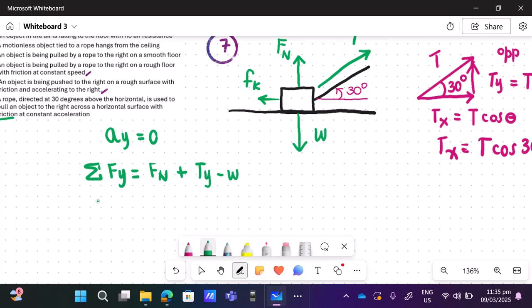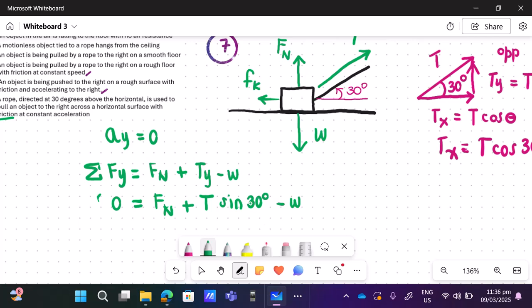Since our acceleration is 0, net force is equal to mass times acceleration, so times 0. So this will be 0 equals normal force plus, we know that the vertical component of the tension force is T sine 30 degrees, minus W.